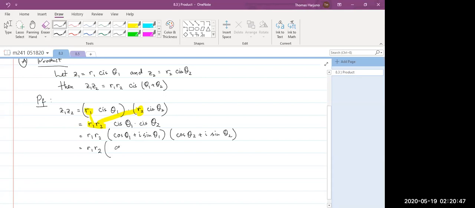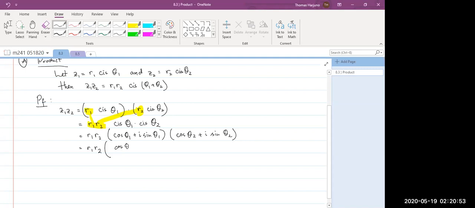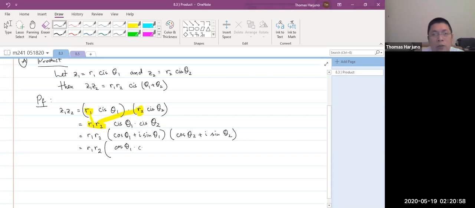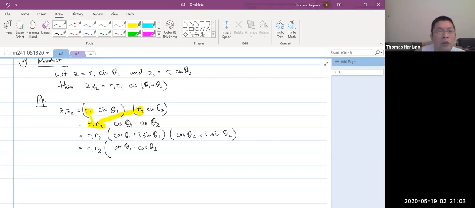Cosine squared theta? No, they are not the same angle. Cosine theta 1 times cosine theta 2. That's the first term. The second term will be cosine theta 1 times i sine theta 2, that will be plus i times cosine theta 1 sine theta 2. That's the second term.